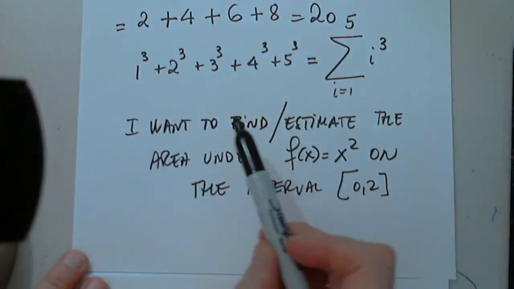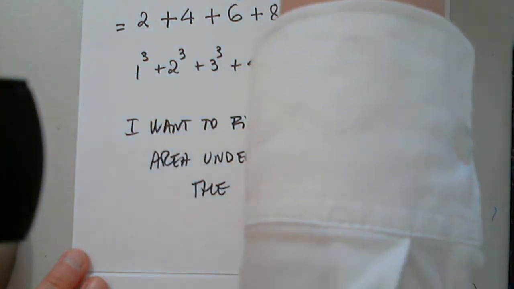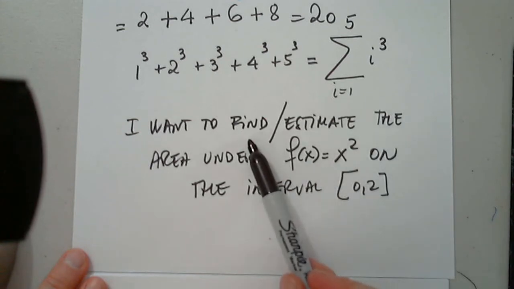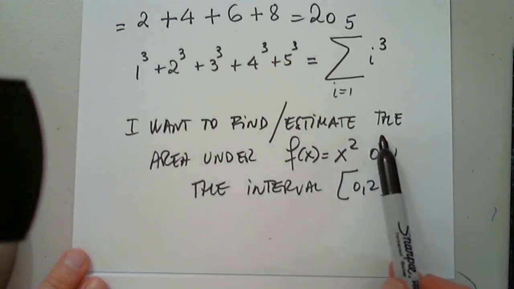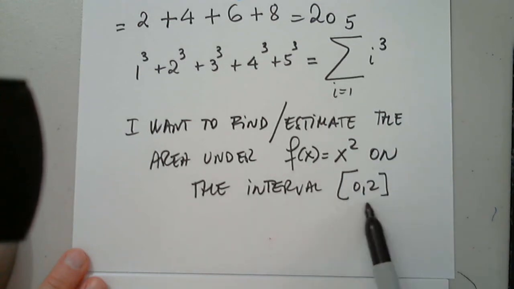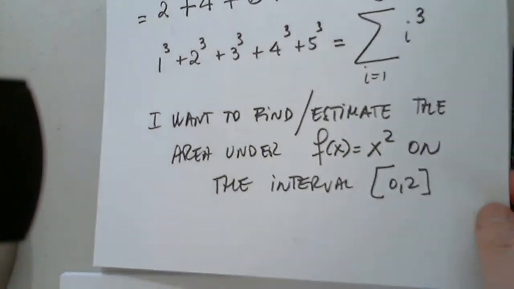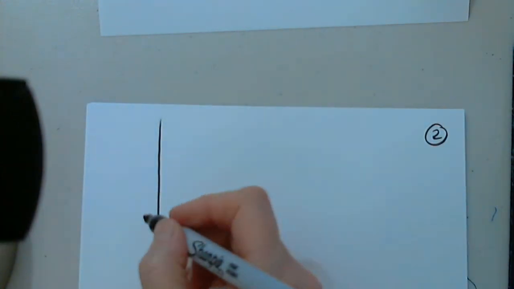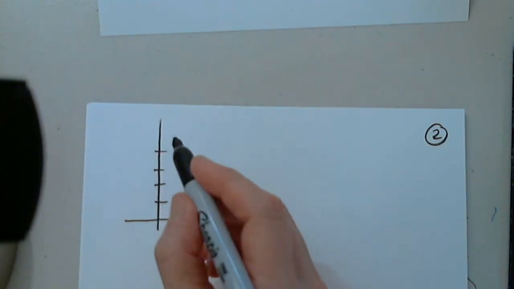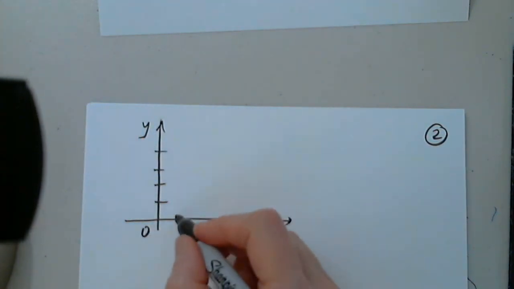So I want, for some reason, to find or estimate, if I cannot find exactly, at least an estimate of the area under the graph of x squared on this simple interval 0 to 2. Well, I have to graph it first and see what's happening here. 1, 2, 3, 4. 1, 2.